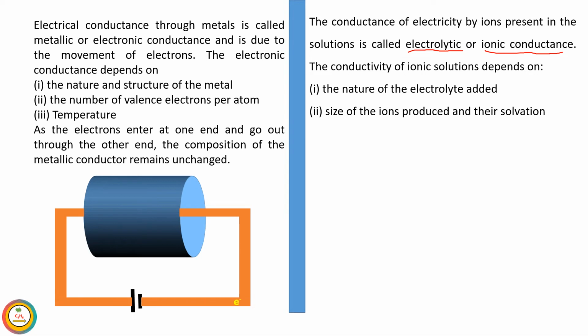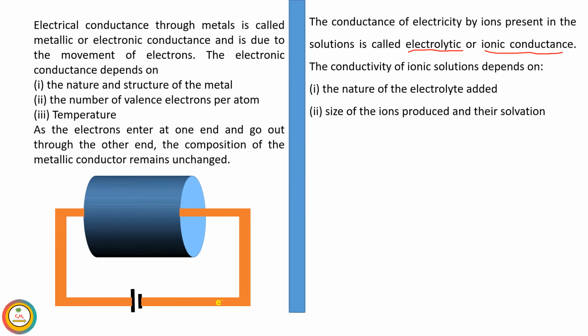The size of the ions produced in the solution is the second factor. Whenever the size of the ion is bigger, big ions do not move easily in solution. Small ions can move easily and faster.